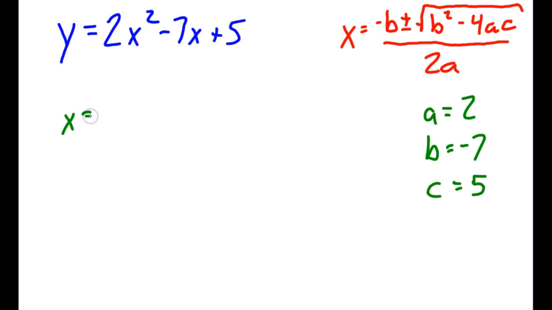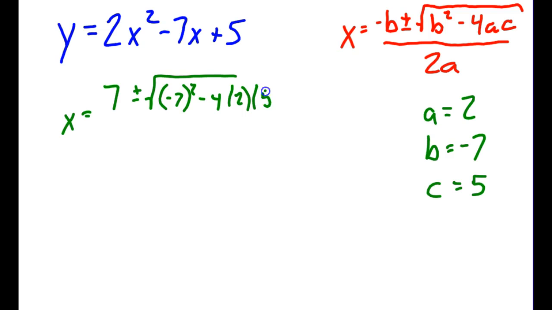X equals the opposite of negative 7 is a positive 7, plus or minus the square root of, whenever we have a negative number, we need to make sure we put it in parentheses if we're going to square that quantity, minus 4 times 2 times 5. And then that's all divided by 2 times 2.